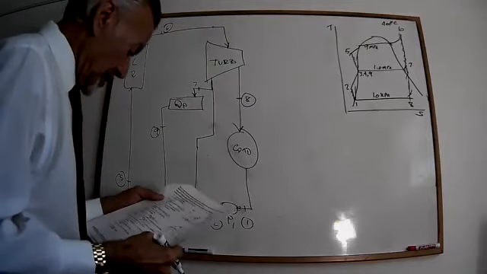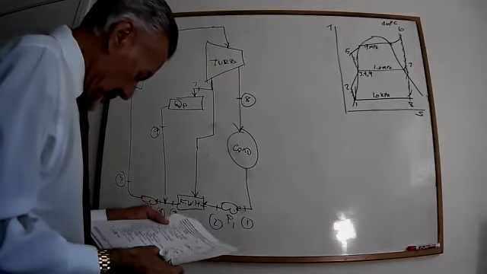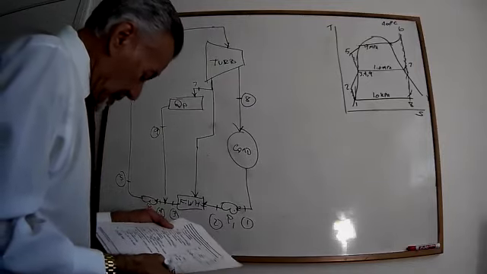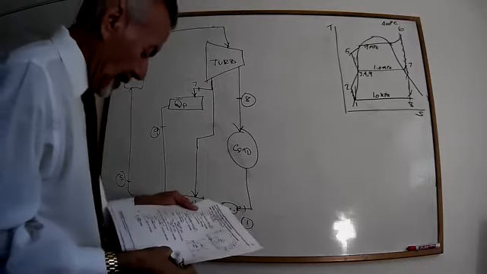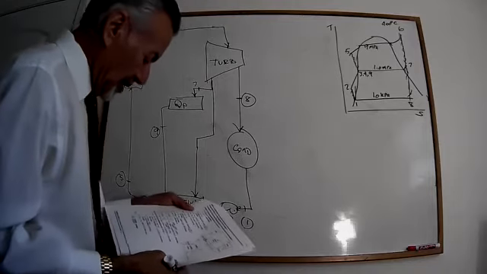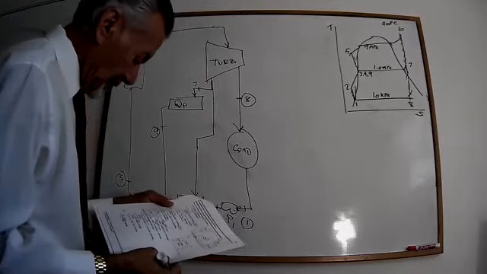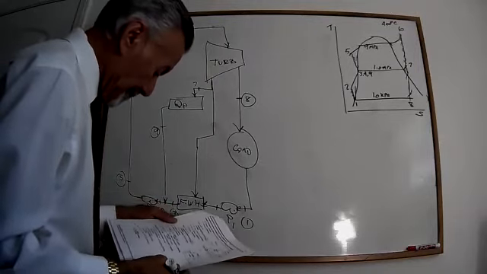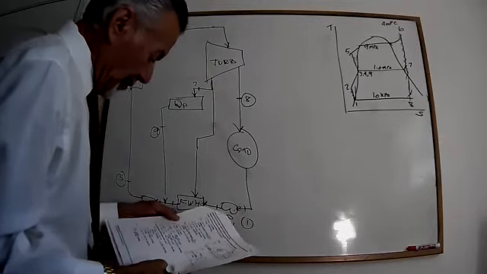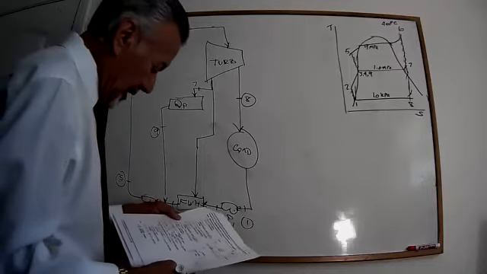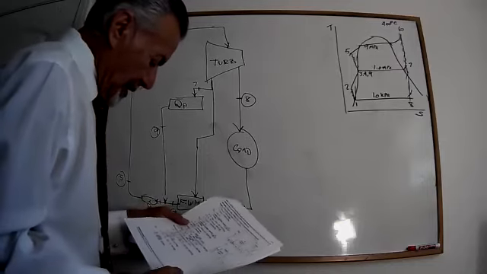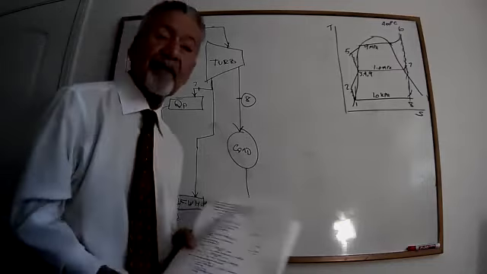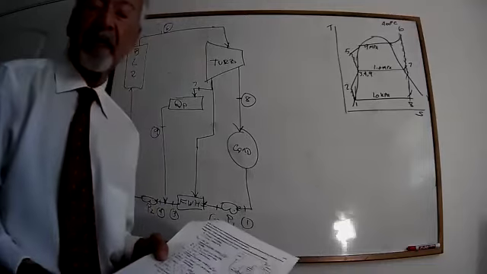So, they didn't give us a mass flow rate. They are asking us to find the mass flow rate. That's another crazy thing. If you really look at this problem, they didn't solve for the Q process.